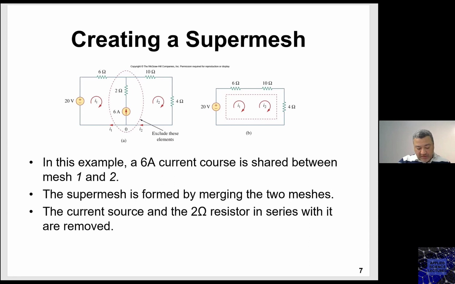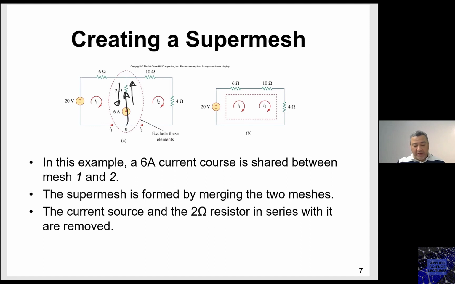Remember when we said that I1 is going in the 2 ohm in this direction because I1 is going clockwise. Same thing here, I2 is going clockwise, but it will end up going in the opposite direction. So what does this mean? This means if I am to map those two, I1 and I2, with the 6 ampere, I have a current source giving 6 ampere going up in this direction.